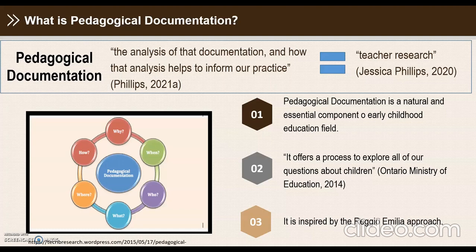It means we look at the documentation that we make from collecting artifacts of children's learning and do some analysis to figure out children's understanding, reflect on our own teaching philosophy, and have an idea of what we will do next to extend children's learning opportunities. Simply, pedagogical documentation is the process of observing children's learning, collecting artifacts, and analyzing them in order to use all documentation purposefully.